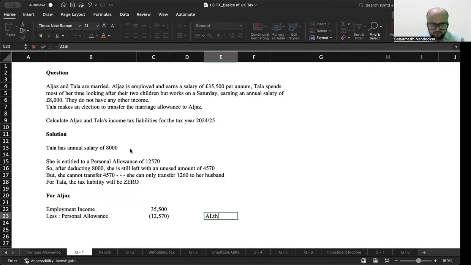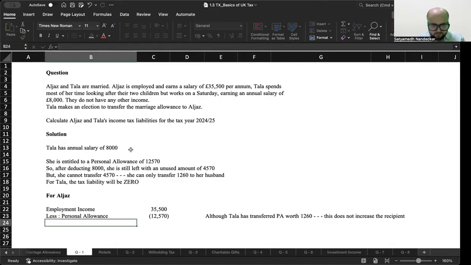Now, although Tala has transferred PA worth 1260, this does not increase the recipient spouse's PA.